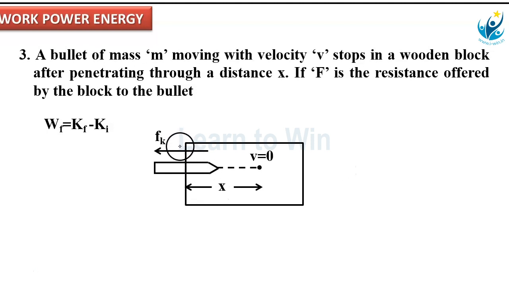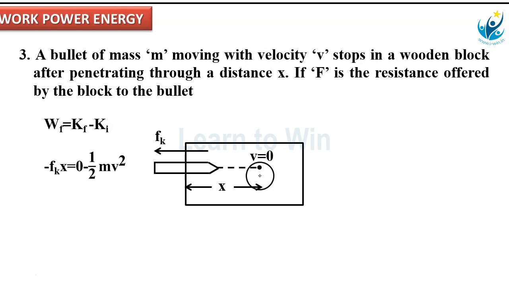What is the work done by the resistive force? Force is Fk. The displacement of the bullet from here to here is x. Then the work done is minus Fk into x. Why the negative sign? Fk direction is this one, and the displacement is opposite to the resistive force, 180 degrees. That gives this minus sign.